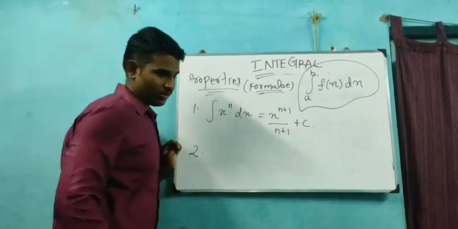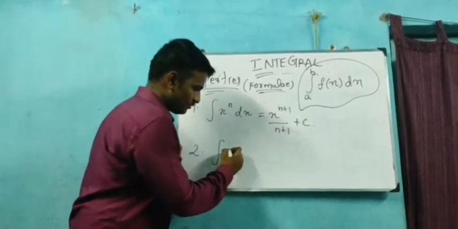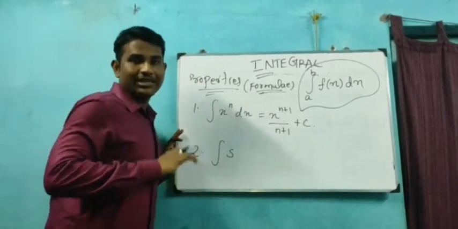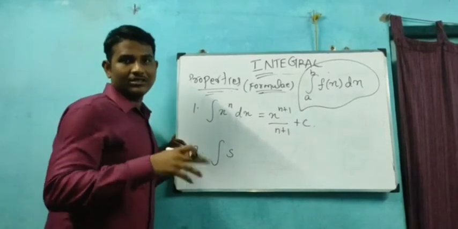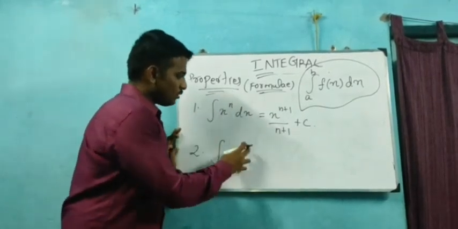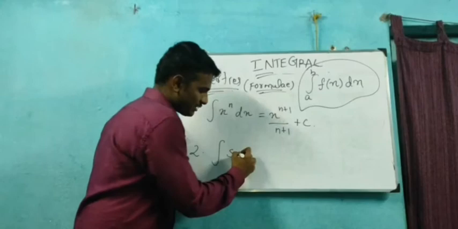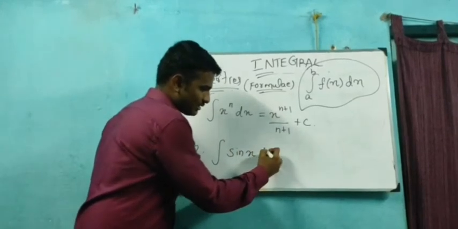And the second formula is the integration of trigonometric functions: sin x, cos x, tan x, cosecant x, secant x, cot x. Six formulas. One of the trigonometric formulas is the integral of sin x dx.